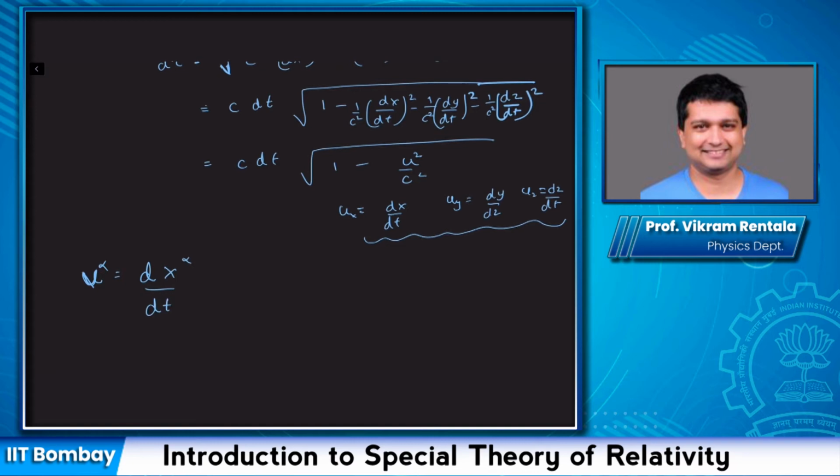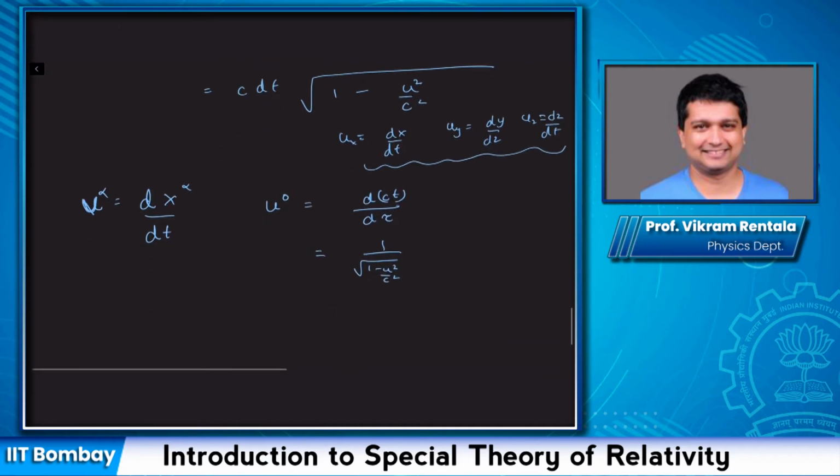And so now the 4-velocity vector u^α, which is dx^α/dτ, can now be written. If we look at the components, u0 is dt/dτ, which will just be 1 over the square root of 1 minus u²/c².